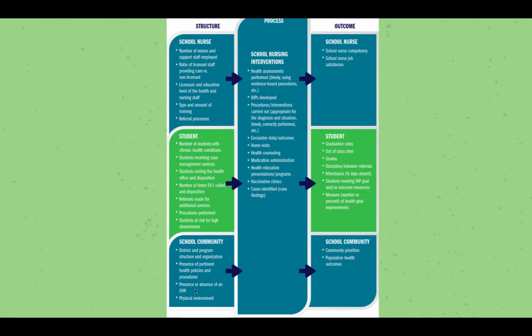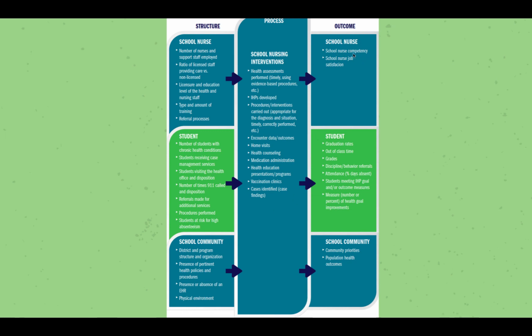Is there an electronic health system? What's the physical environment like? And then in terms of process, this is specific to how you carry out the care of children in the district and case management. Are they timely? Are they appropriate? Who's doing what? Do you do home visits? Are there vaccination clinics? What are the interventions? And then finally, measuring your outcomes.